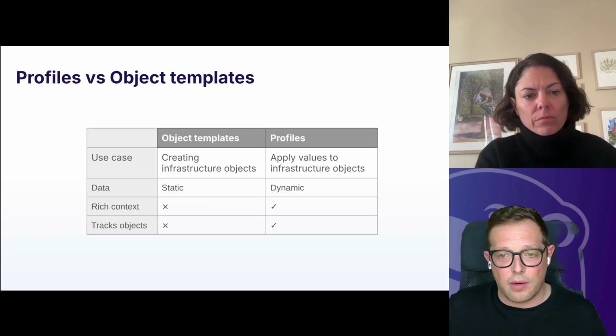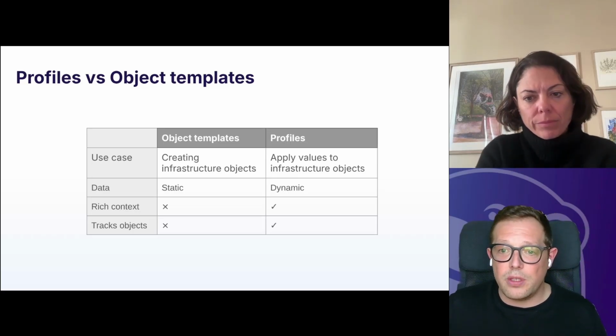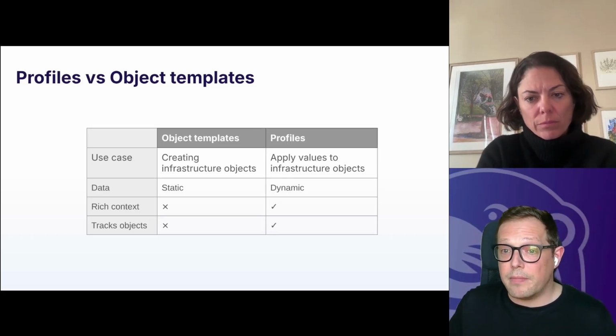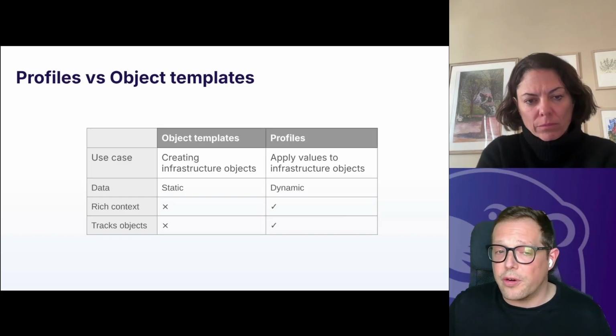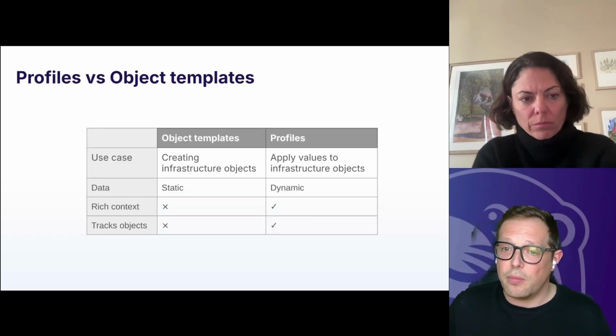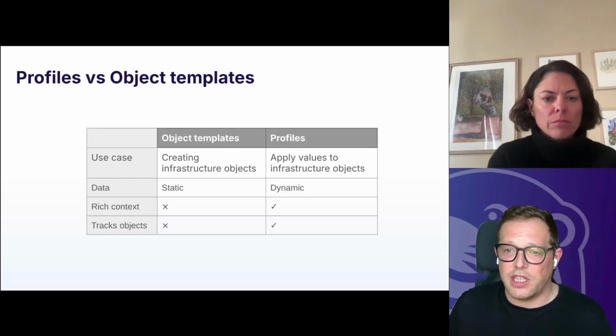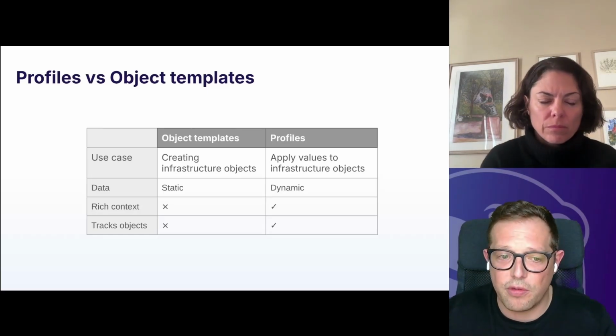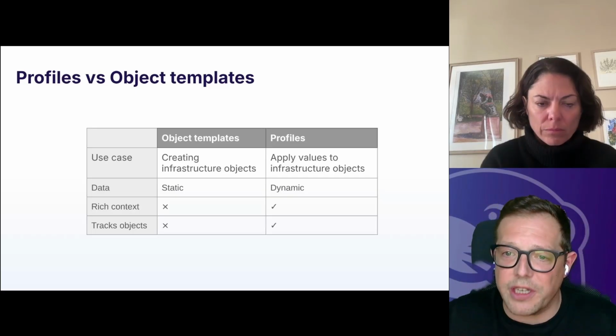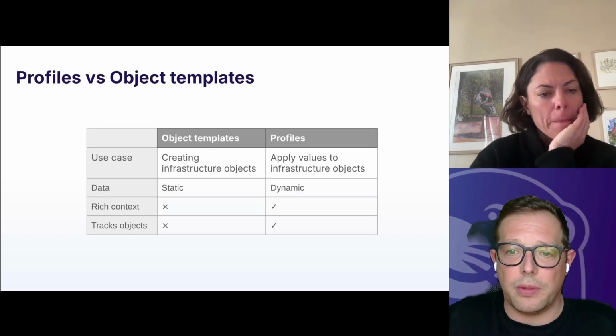Whereas profiles are more meant to be used in situations where properties or values of properties need to be able to change over time, and you want to be able to keep track of which values you have to change when you make a change in the profile. So that's a very important distinction that we want to make.